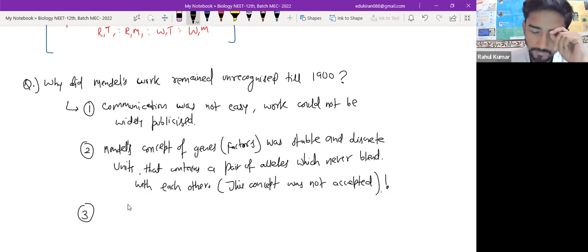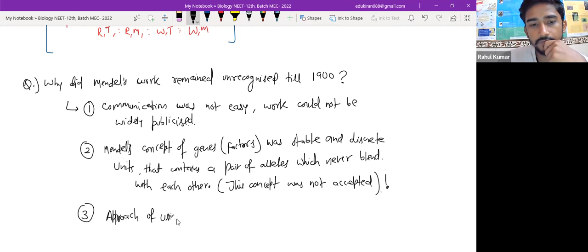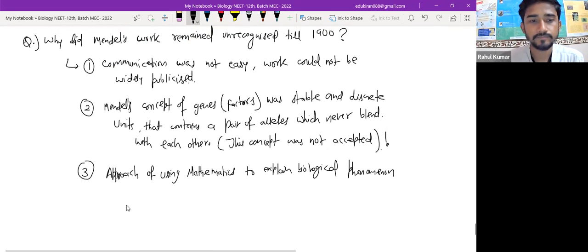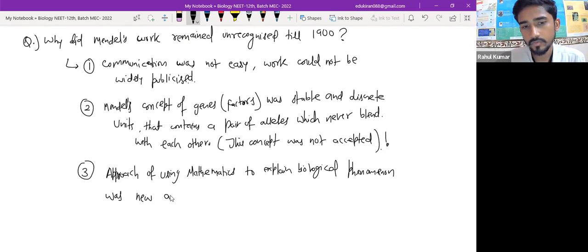So write down, Mendel's approach of using mathematics to explain biological phenomena was new and unpopular or unaccepted by many scientists of that time.